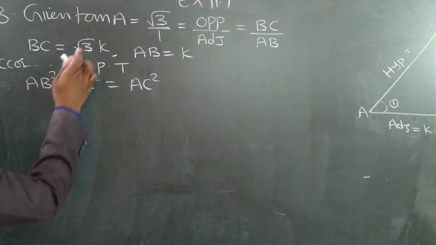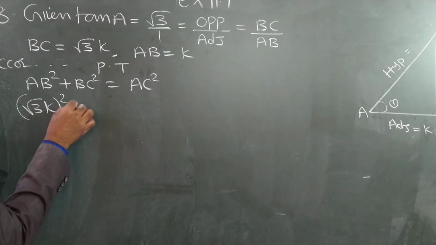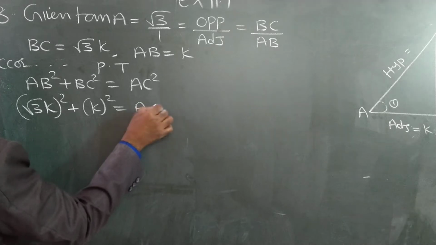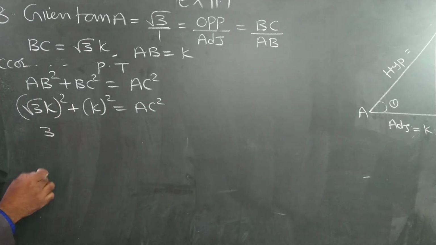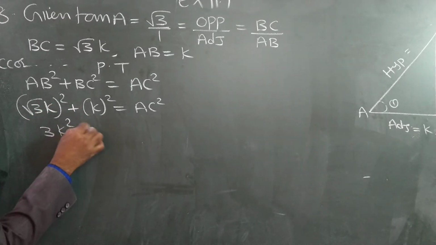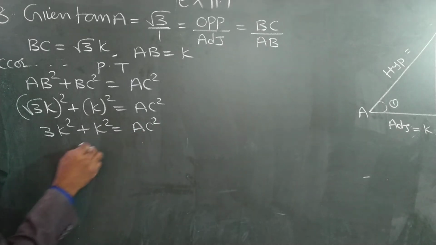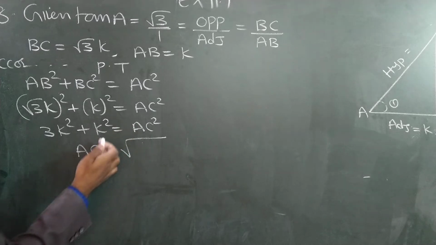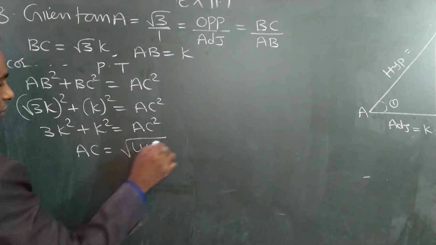What is AB? Root 3k. BC is 1k. Don't write, just look at the simplification. Root 3 whole square is 3k square, plus 1k square. So AC is equal to root of, removing the square, 3k square plus k square, 4k square.